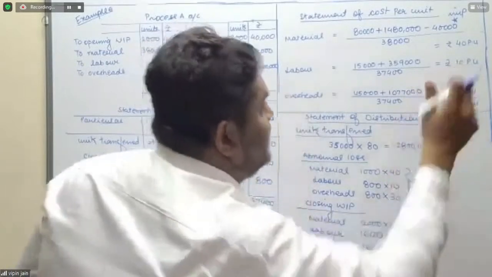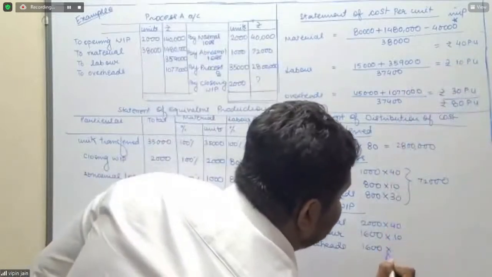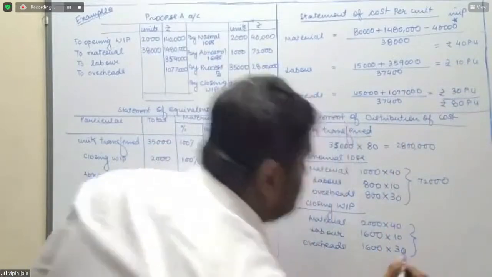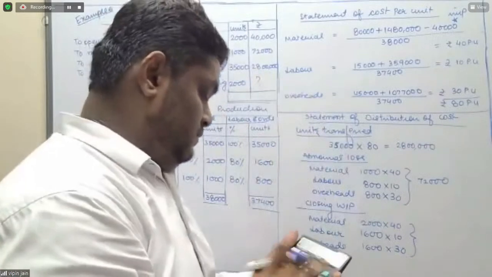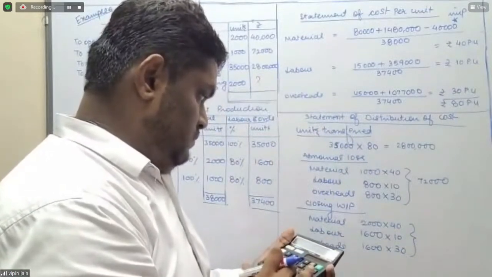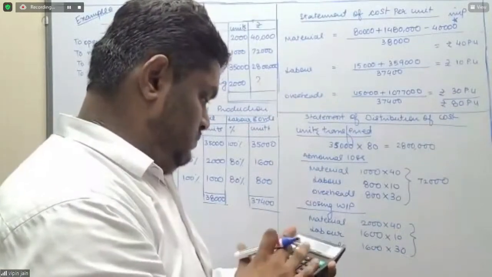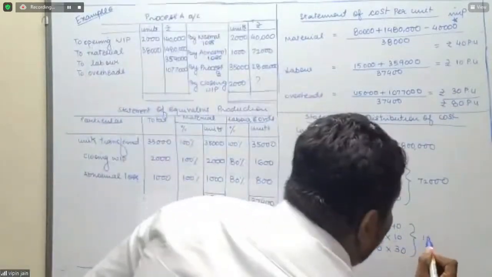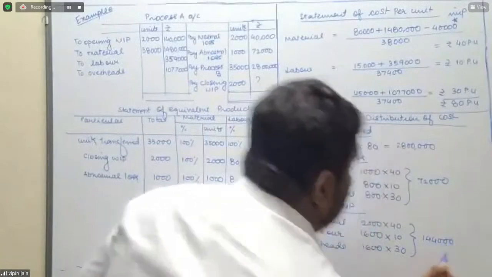So 1,600 into 10 and 1,600 into 30. The total is one lakh 44,000.